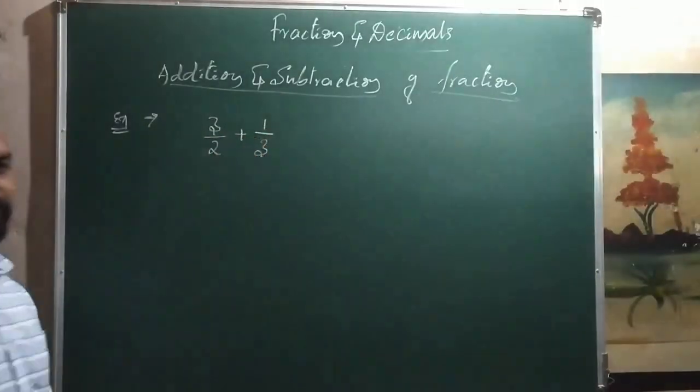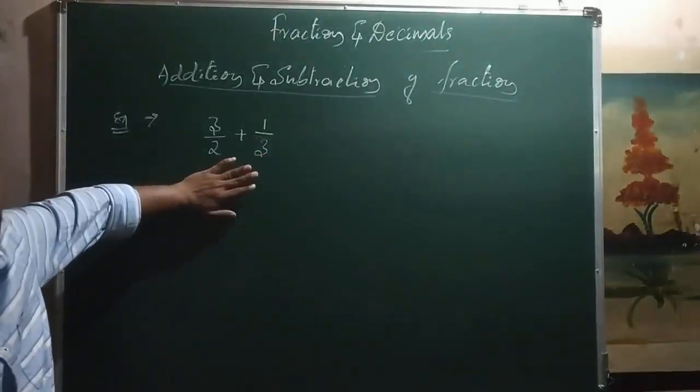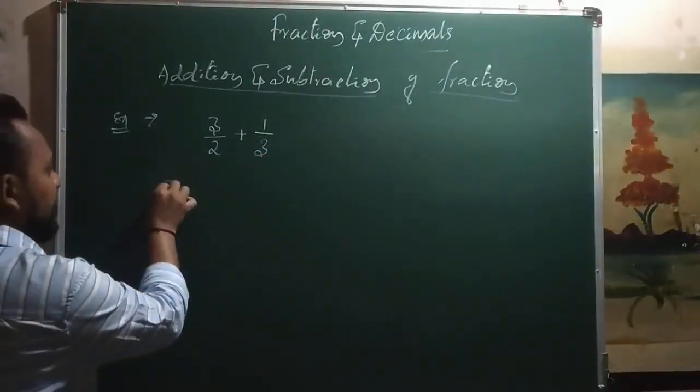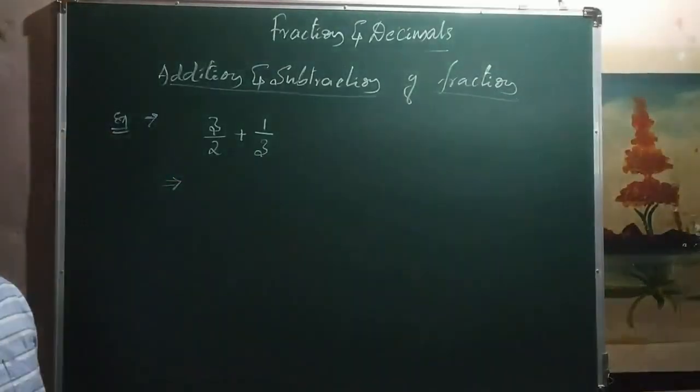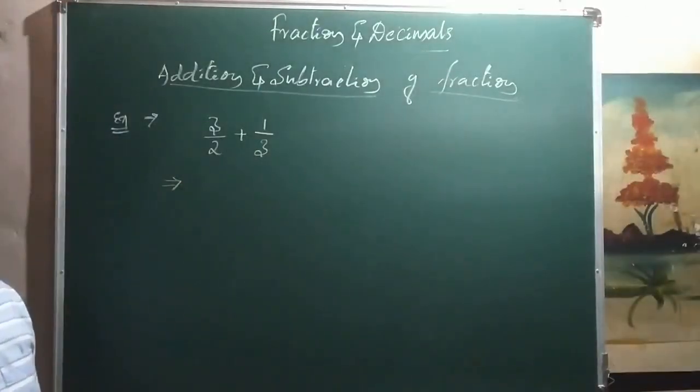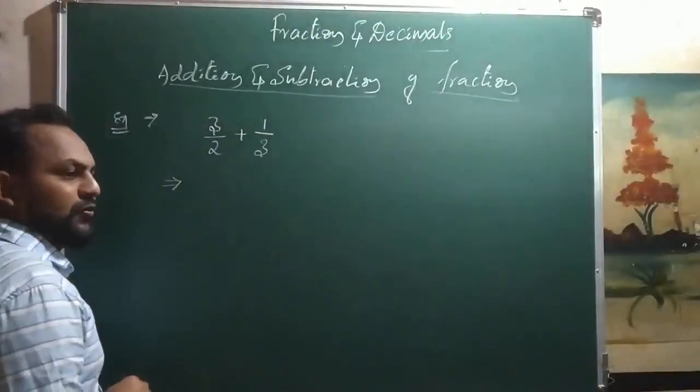These two have different denominators, so they are unlike fractions. For unlike fractions, first take the LCM of the denominators, 2 and 3.